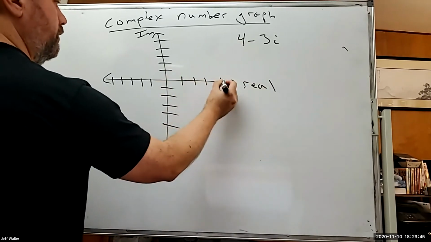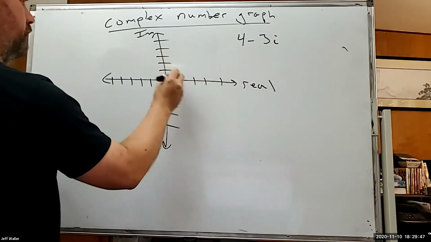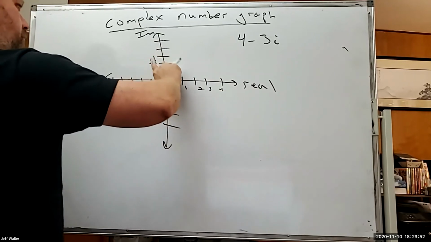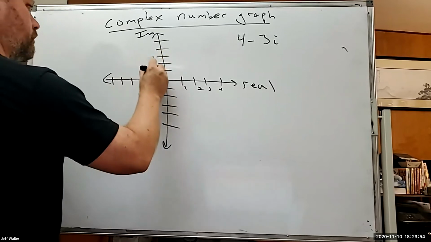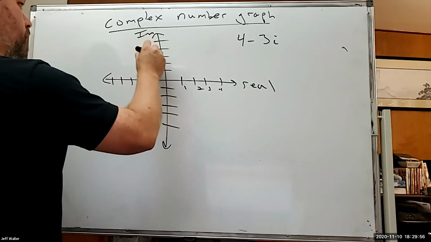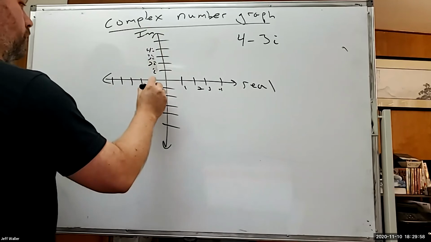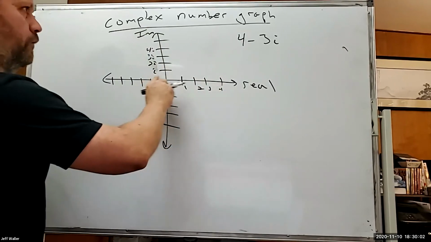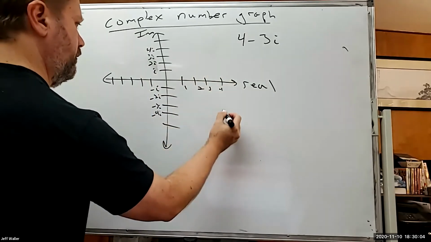I like it. And then down 3 because that's imaginary. So this is 1, 2, 3, 4. This is i, 2i. Negative i, negative 2i, negative 3i, negative 4i. So 4 minus 3i would be right there.